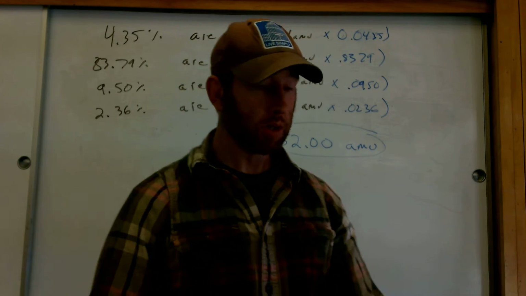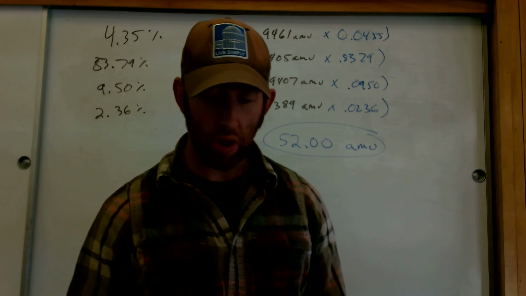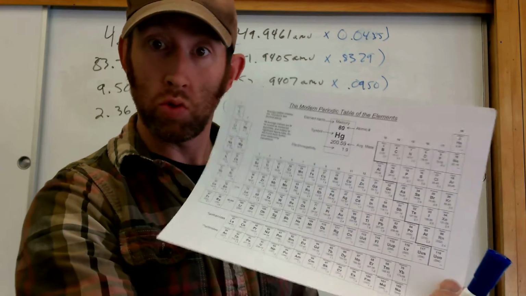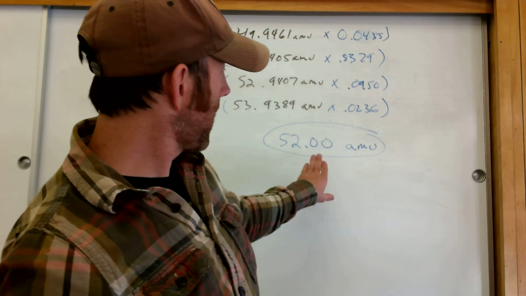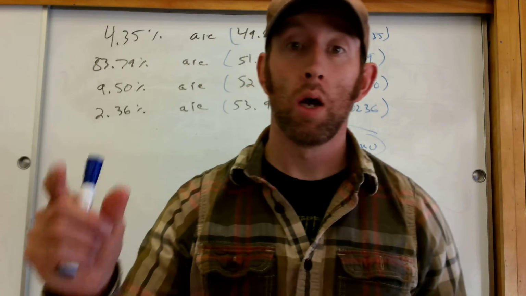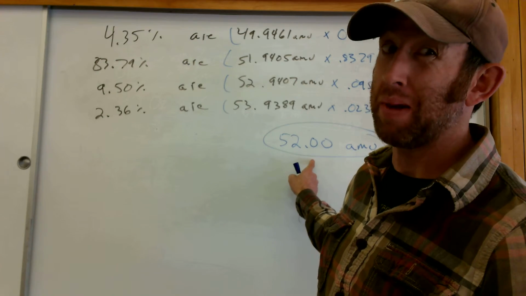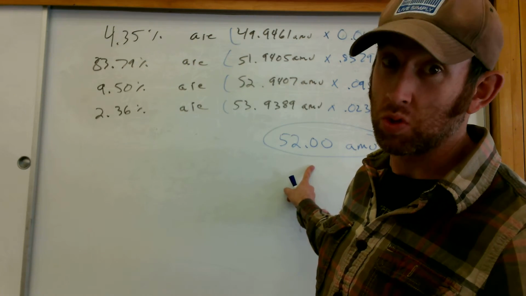Okay, so that puts us at 52.00 AMU, and again, I can go to my periodic table, which is rounded to 2 decimal places, and try to find an element whose average atomic mass comes in. At least if it doesn't match perfectly, probably pick one that's closest to that, right?